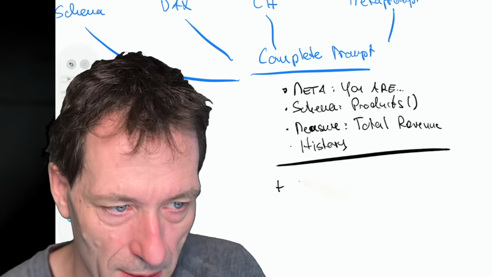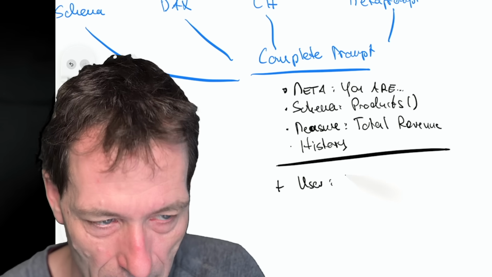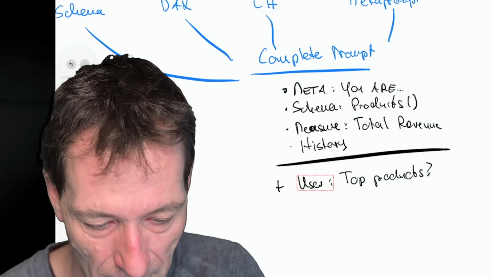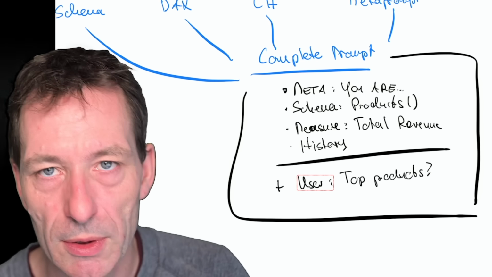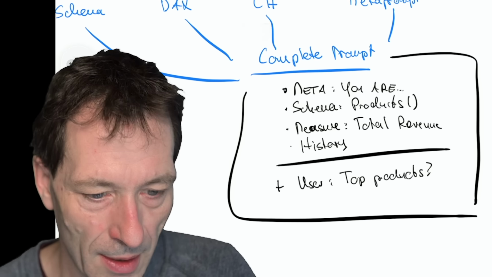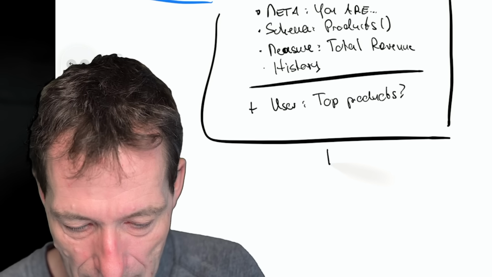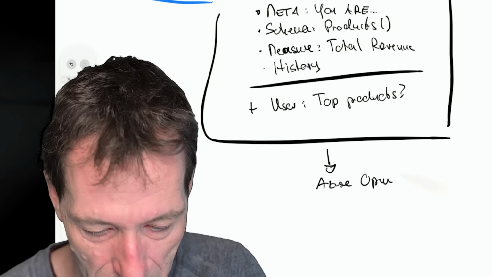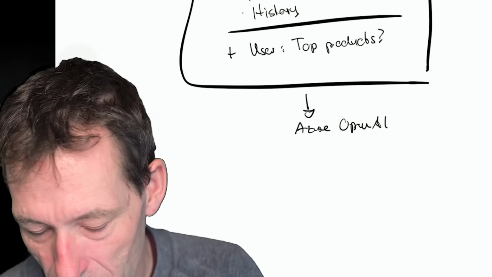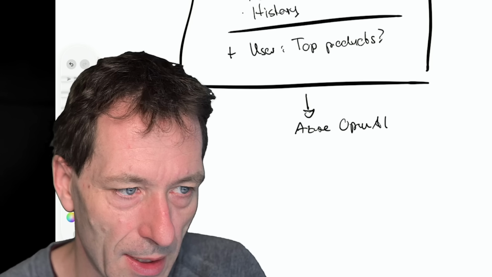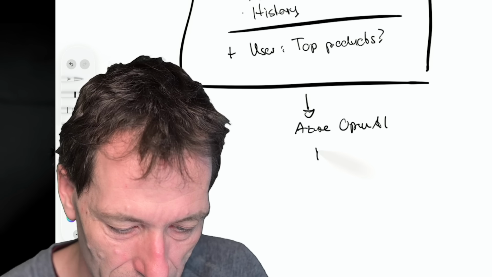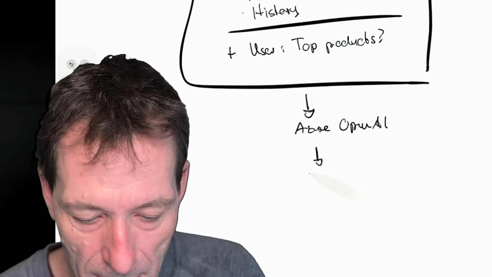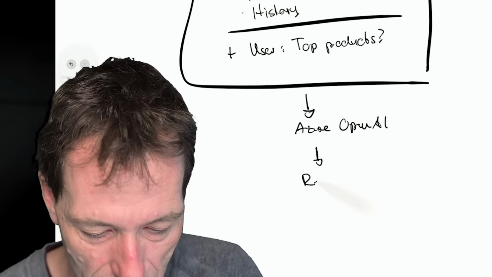Plus, of course, the user prompt, top products. All this is the complete prompt in Copilot with auto grounding. Then this is, like in the schema above, given to Azure OpenAI with GPT-4, 4.5, 5, you name it, and might result, for example, in a SQL query, select something from. So this is essentially the response.